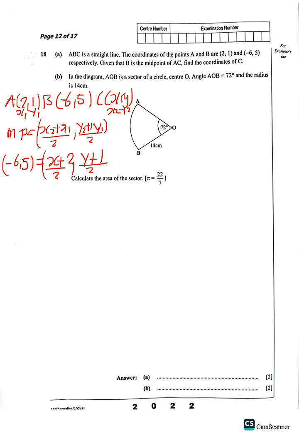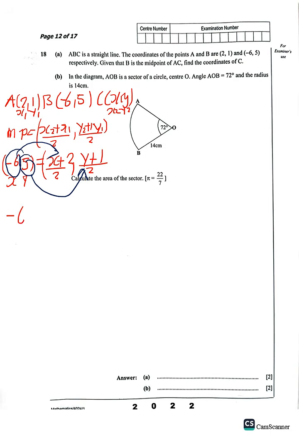Now from the pair of coordinates for the midpoint, the first number -6 denotes the x, then this denotes the y. So this number here must be equal to this first part. Then our 5 should go with y plus 1 over 2. So we need to make two equations.